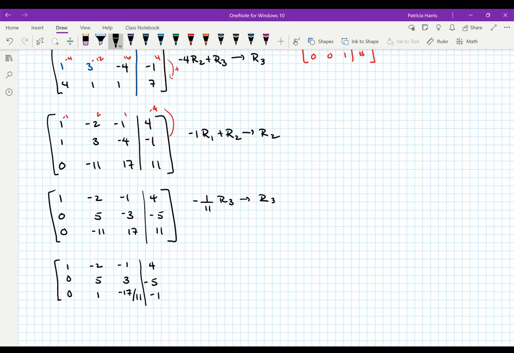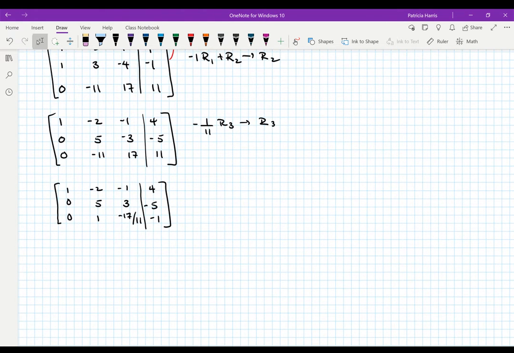Just like that. Okay. Now what I'm going to do is switch my row 2 with my row 3.